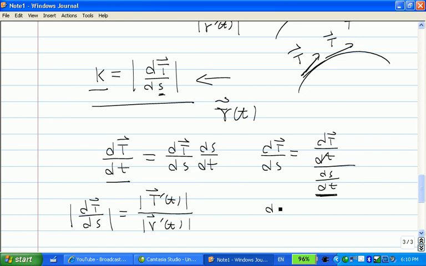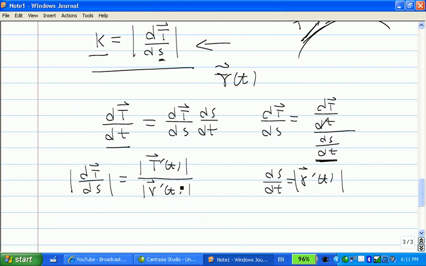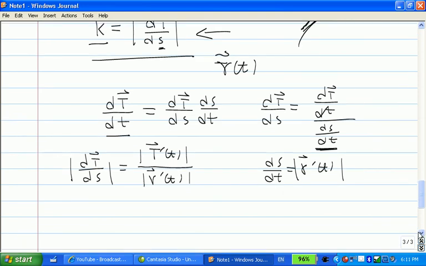We just said that ds/dt, by the fundamental theorem of calculus, gives you the magnitude of r prime t. So we get a formula like this, which is easier for finding the curvature. This is your curvature.